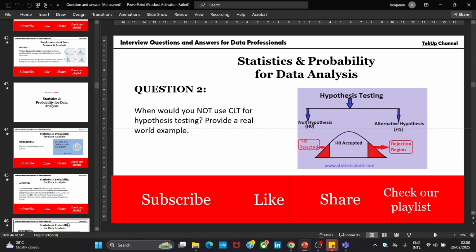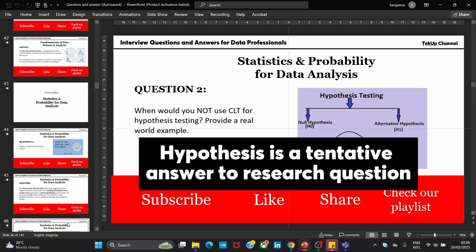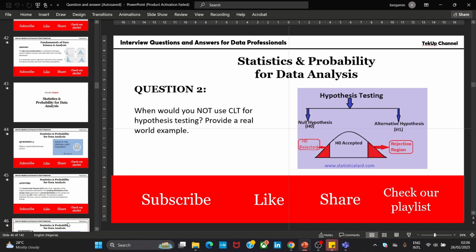Now, what is a hypothesis? A hypothesis is a prediction or a tentative answer to a research question. And when we say tentative, it simply means that the answer has not been fixed, neither has it been verified.